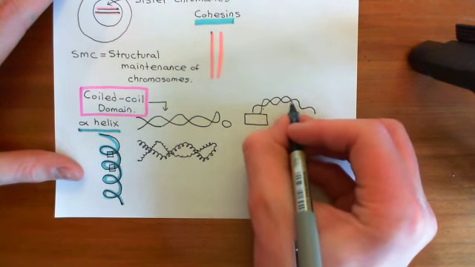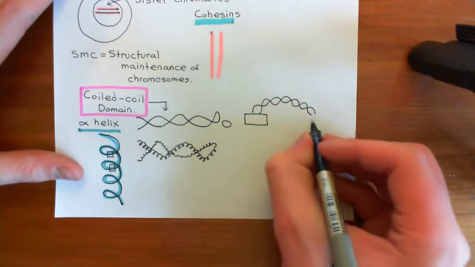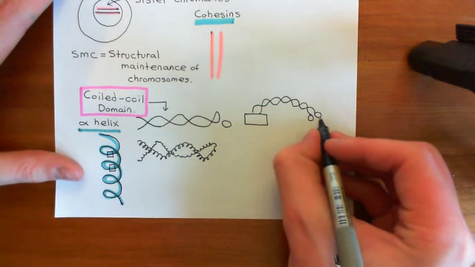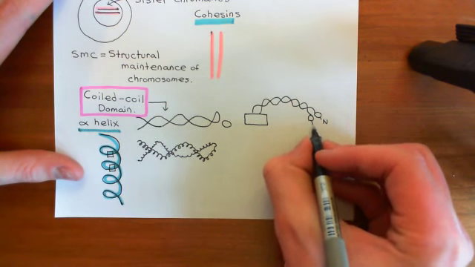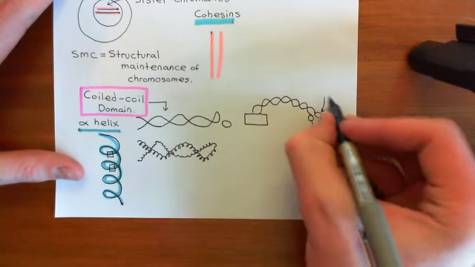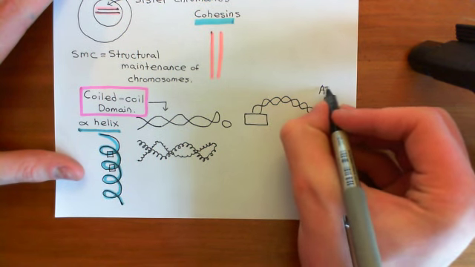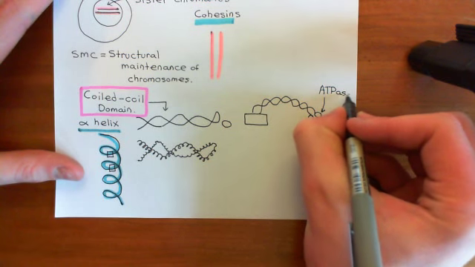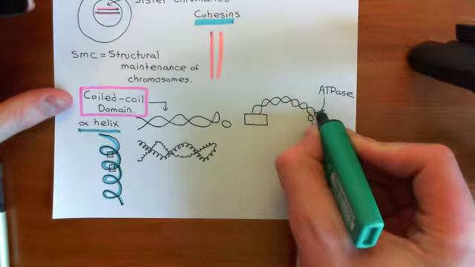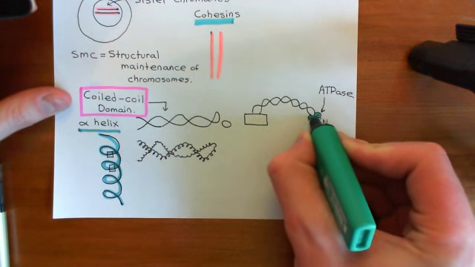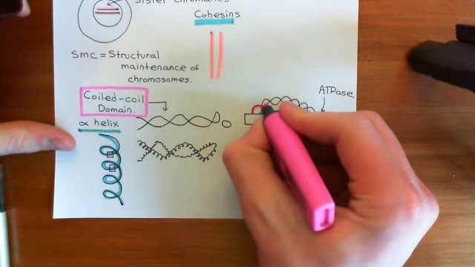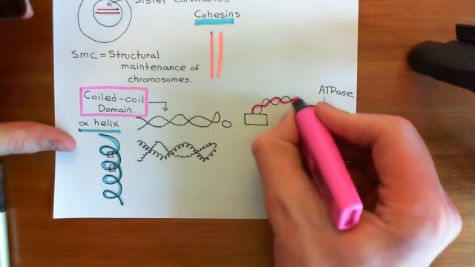Okay, and these alpha helices are coiling around each other like so. And then right at the ends over here, you have, here's the amino terminus, let's say, and here's the carboxylic acid terminus. And these two special domains that I'm showing as little balls here, these are ATPases, okay? So they have the enzymic capacity to hydrolyze ATP. So I'll colour the ATPases at the ends in turquoise. Then we'll colour the coiled coil domain which is made up of these two alpha helices.